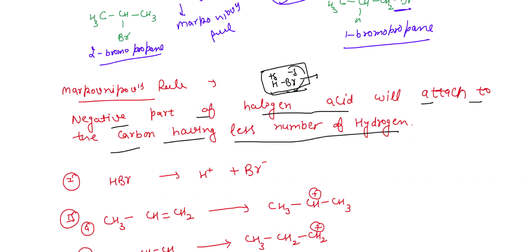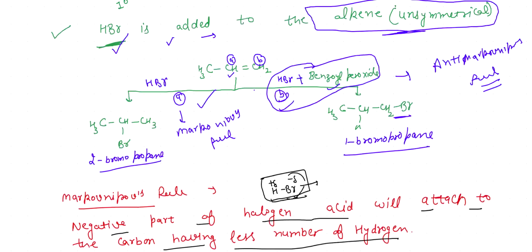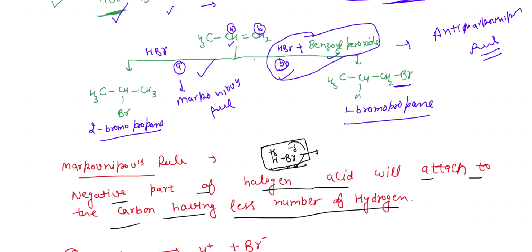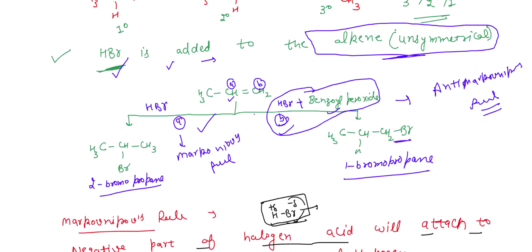Clear? Okay. So look at this alkene. Carbon A has one hydrogen, and carbon B has two hydrogens. So according to Markovnikov's rule, the negative part, Br negative, will attach to carbon A because it has only one hydrogen.